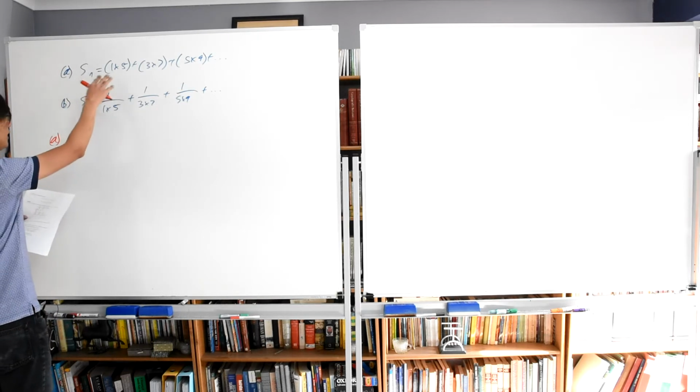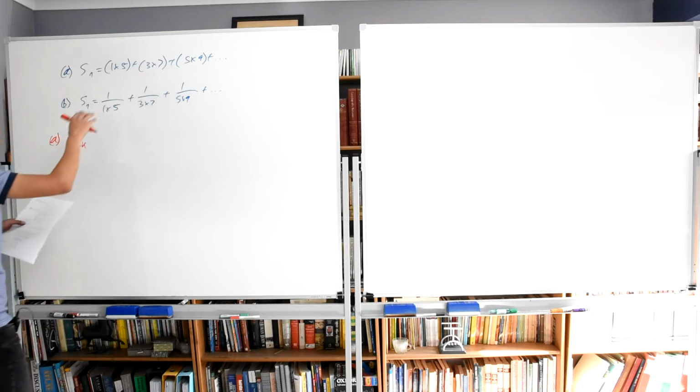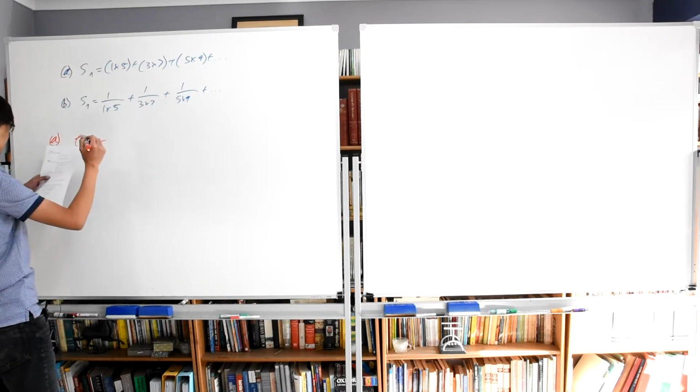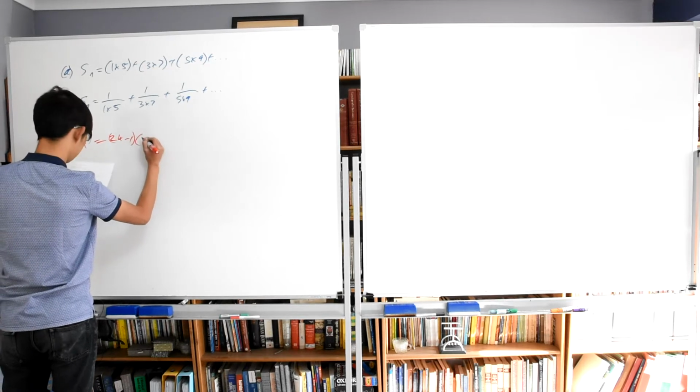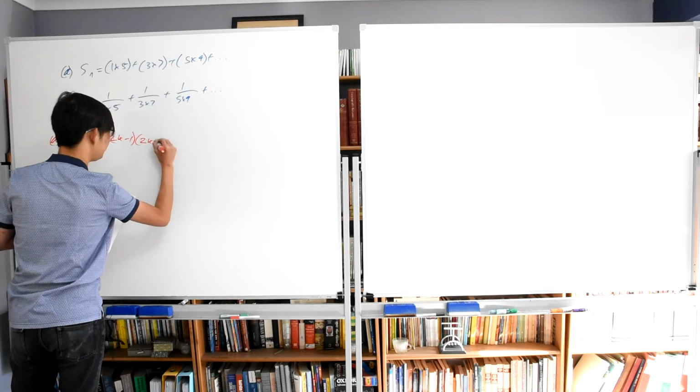So each term in this entire series is given by 2k minus 1, 2k plus 3.